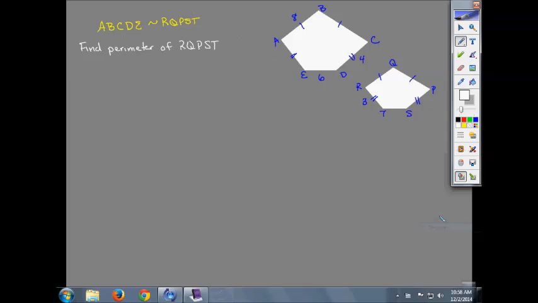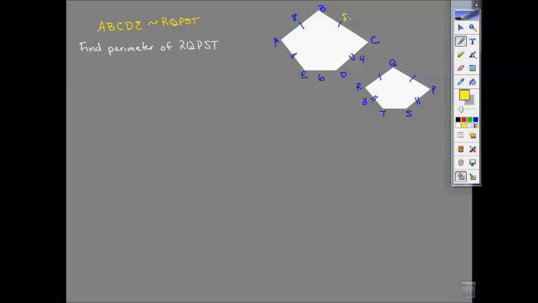So what I have is two similar pentagons, and I'm trying to find the perimeter of RQPST. Now, I have enough information to find the perimeter of the first one, but not enough information to find the perimeter of the second. If this side is 8, this side is also 8, because they're marked single line.